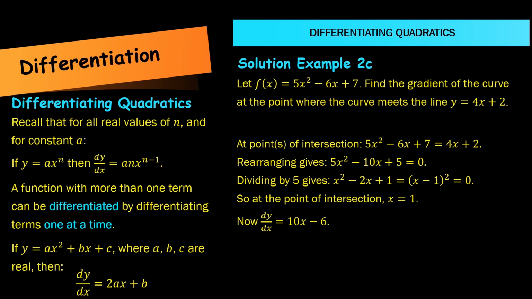Now we know that dy dx equals 10x minus 6. And therefore the gradient at this point, when x equals 1, is equal to 10x minus 6, equals 10 times 1 minus 6, which of course equals 4.